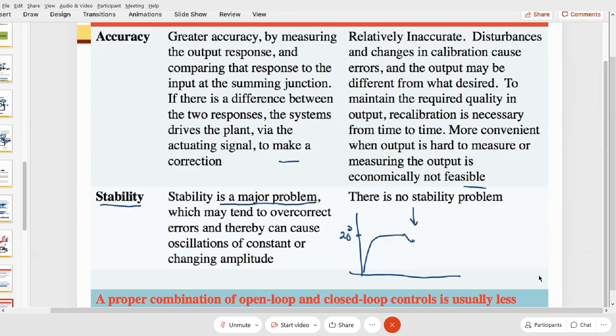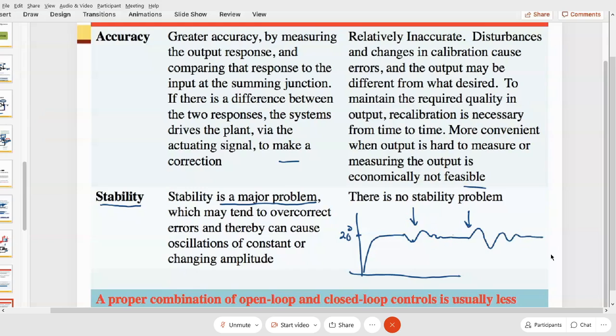The feedback sensor will send the signal to the system, and they do some correction, so we maintain back at the set point. This is what we call the stability of the system. The system may fluctuate because we try to overcorrect the error.